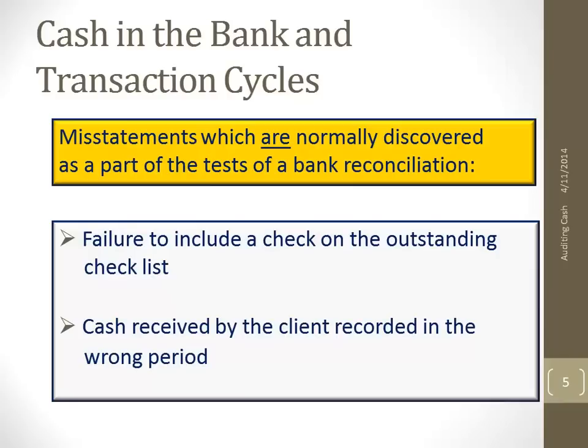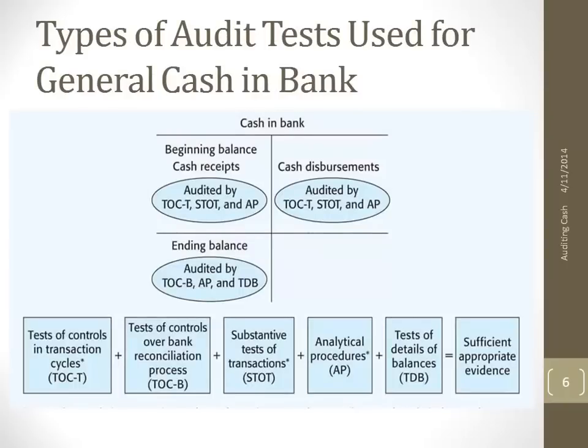Let's say the money was received at the end of December, but the client recorded it on the books and records as January. You'll see through the bank statement when that deposit was actually made, because the bank is generally going to show the deposit on the day that you deposit the money. So these are the types of misstatements that are identifiable by performing a test over the bank reconciliation process.